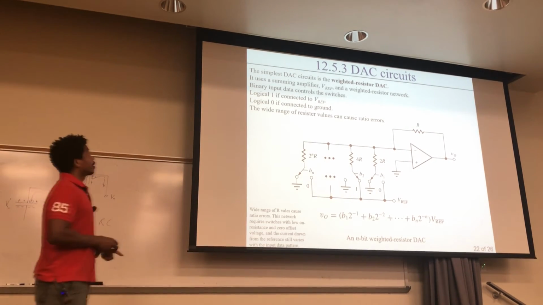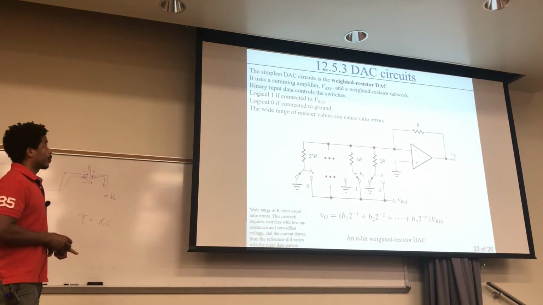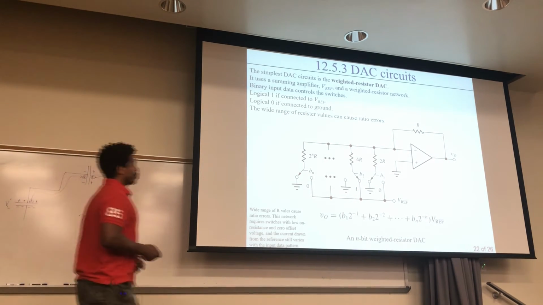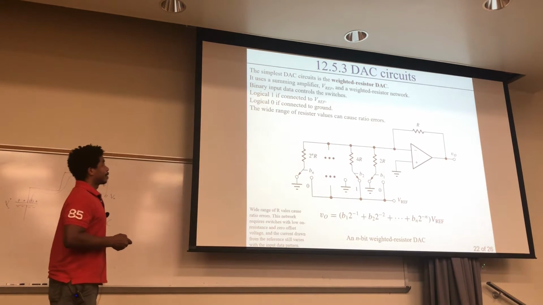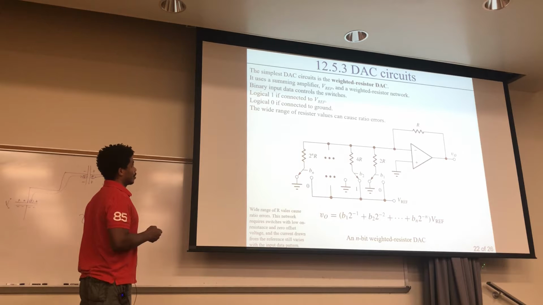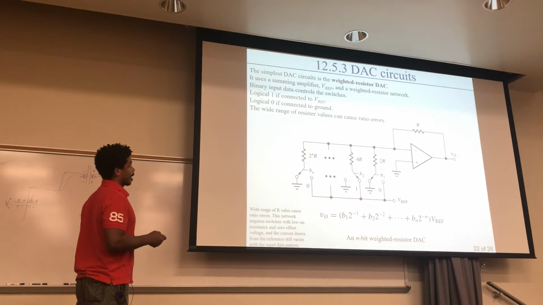Okay, and a few DAC circuits that we're going to go through. One is called the N-bit weighted resistor DAC. This is the simplest one. As I'm pretty sure you all recognize, it's a summer, where each one of these is like an inverter, but it's summing all of these.